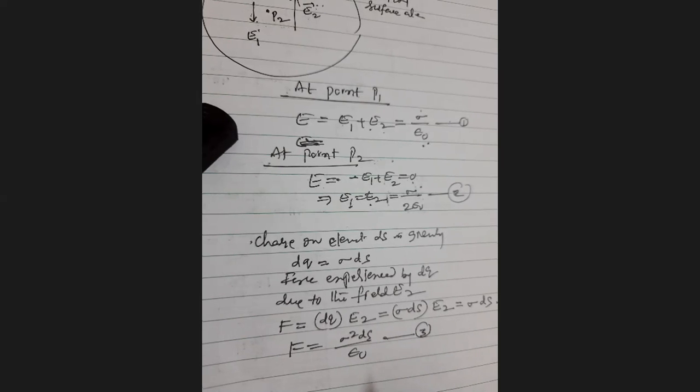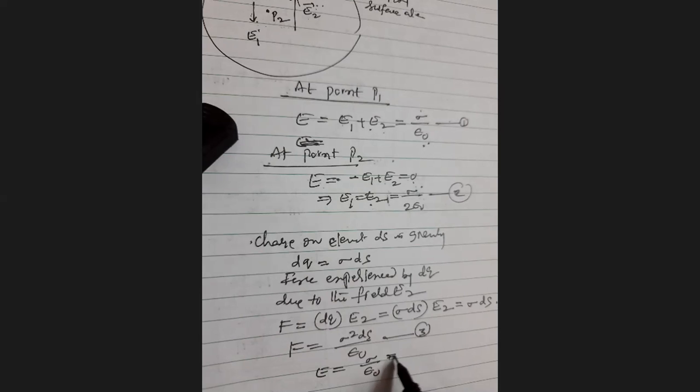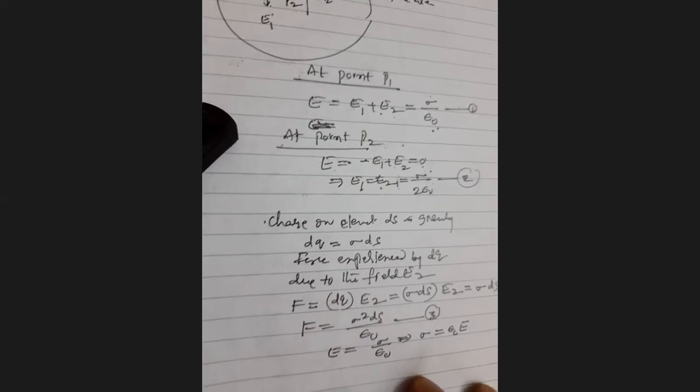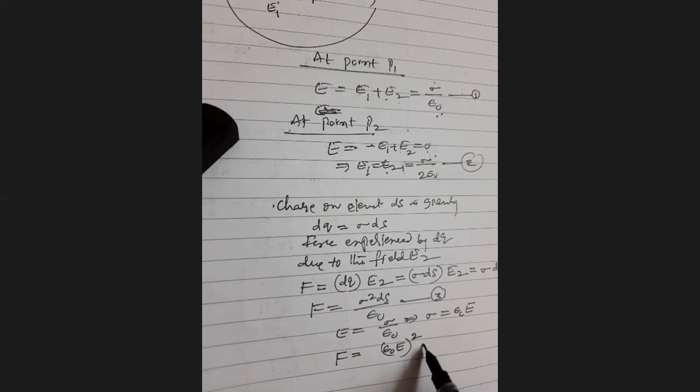But we have the field strength capital E equal to sigma by epsilon naught. So from that, sigma is equal to epsilon naught E. Substituting that in the above expression, F is equal to epsilon naught E whole square ds by epsilon naught.